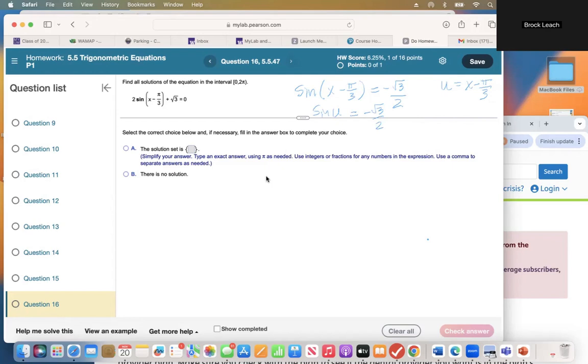So we can see that u would be equal to the two places. If we take the arc sine of both sides, this would give me the negative for sine. The one solution would be negative pi/6. Is that right? No, pi/3. That's our fourth quadrant angle, right?